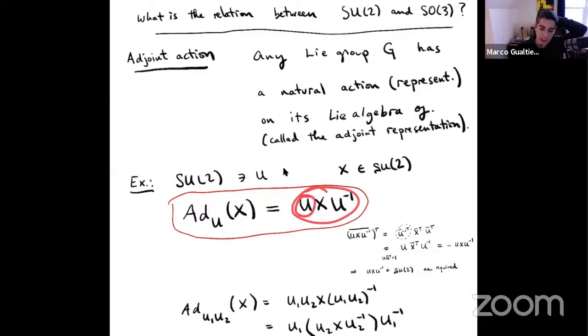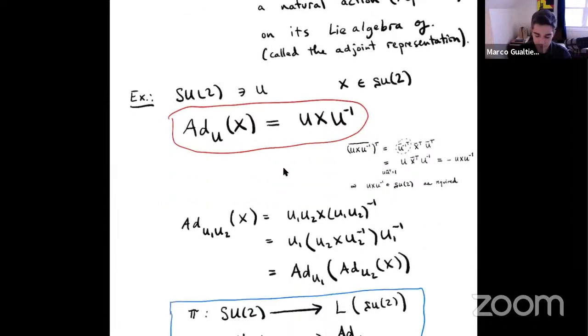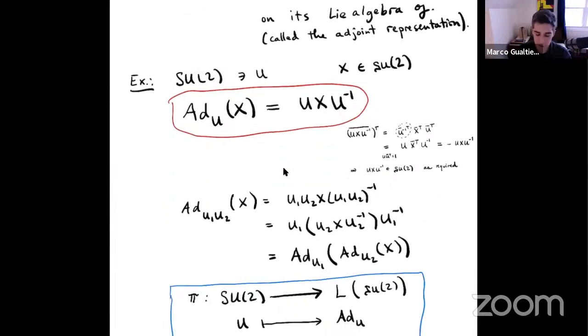You take an element of the group, you take an element of the Lie algebra, and you conjugate like this. This is a definition that only works for matrix groups, but the textbook will have a general definition. It's okay, this is quite good enough for us for now.